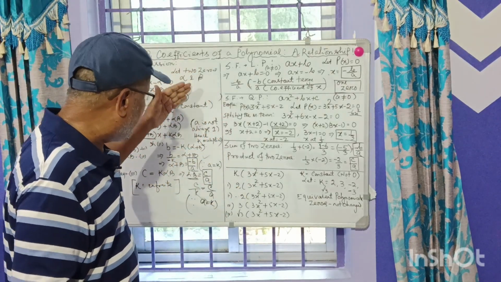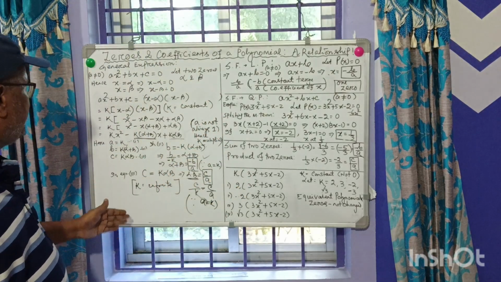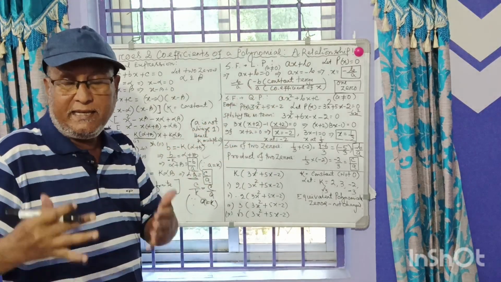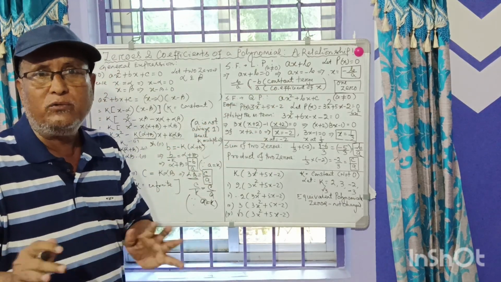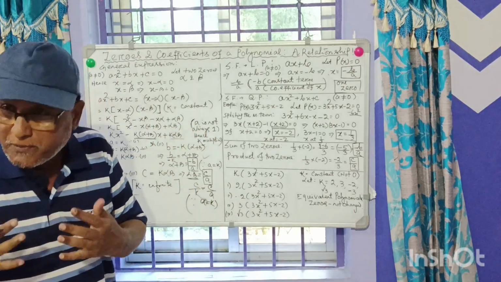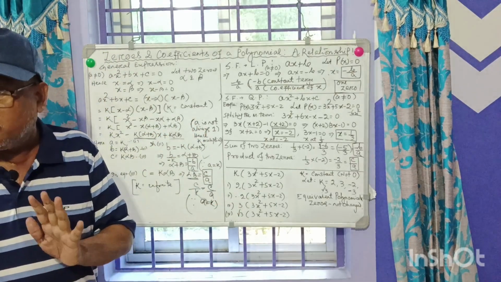This is the general expression you have to remember, and this is the splitting of the middle term, how to find zeros. And this is the general expression of a quadratic polynomial having two zeros.